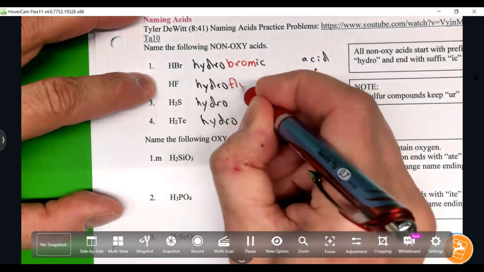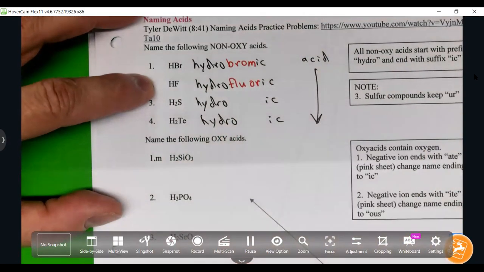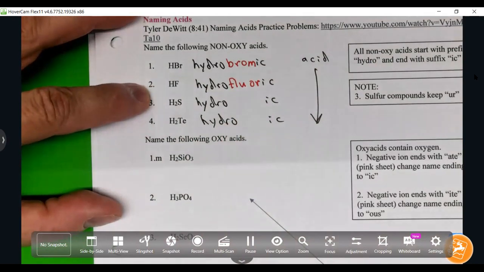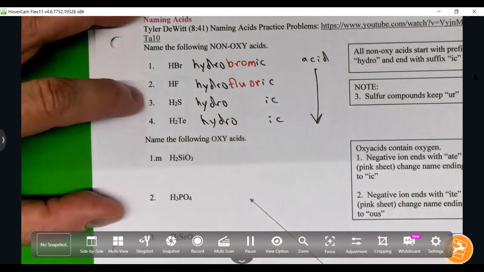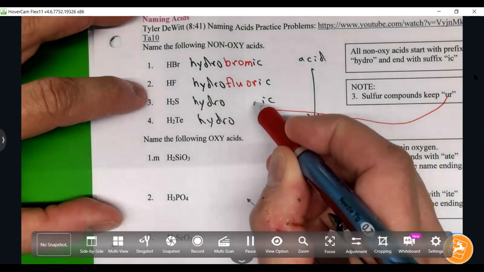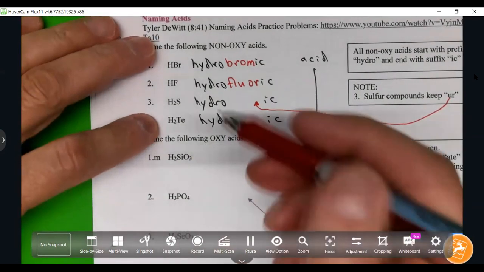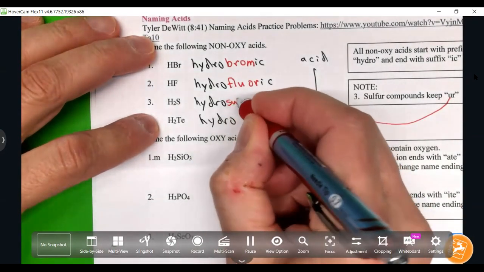We have hydrochloric acid. Oh, I didn't put an arrow on number 3. You would think number 3 would just be hydrosulfic acid because it's sulfide, but it's actually hydrosulfuric.